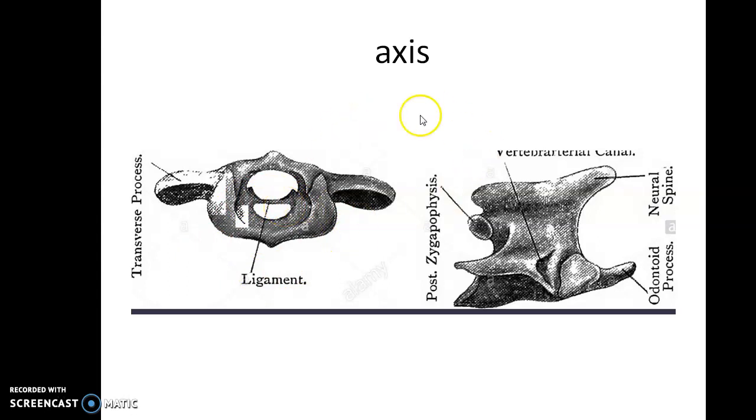So the axis has a broad centrum. It has a peg-like odontoid process. It has a long spinal projection of the neural spine. Then it is long and compressed.